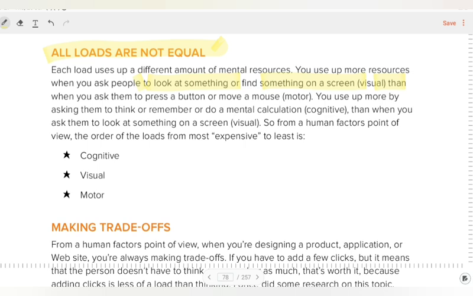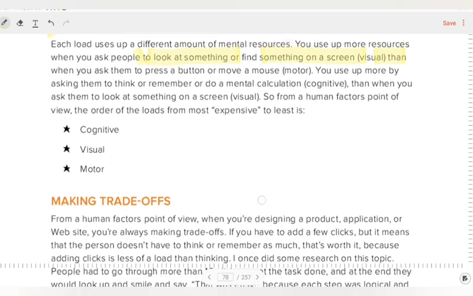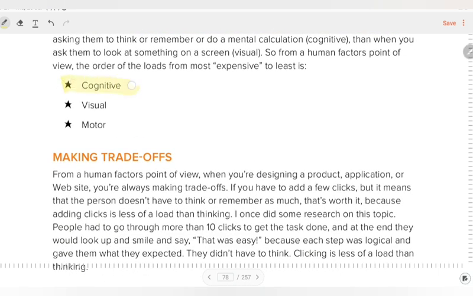You use up more when asking them to think or remember or do a mental calculation, cognitive, than when you ask them to look at something on a screen, visual. So, from a human factors point of view, the order of the loads from most expensive to least is cognitive, visual, motor.